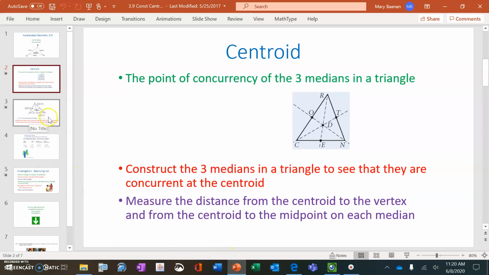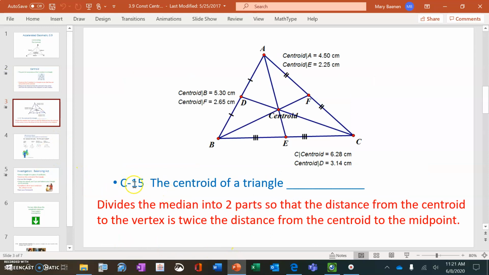So if I go to the next slide, conjecture 15: the centroid of a triangle divides the median into 2 parts so that the distance from the centroid to the vertex is twice the distance from the centroid to the midpoint. So here is a picture of that. From the centroid to the vertex A is 4.50.